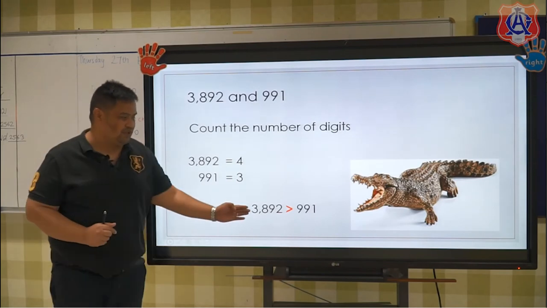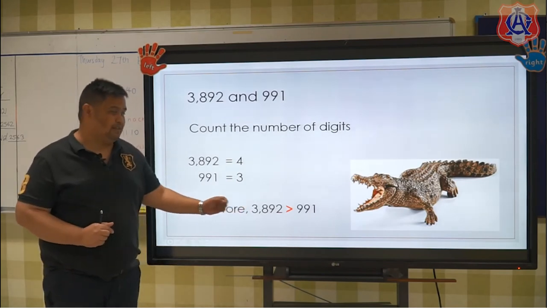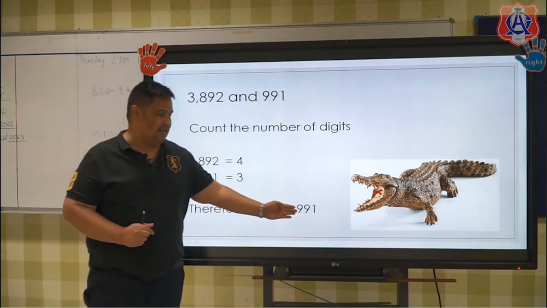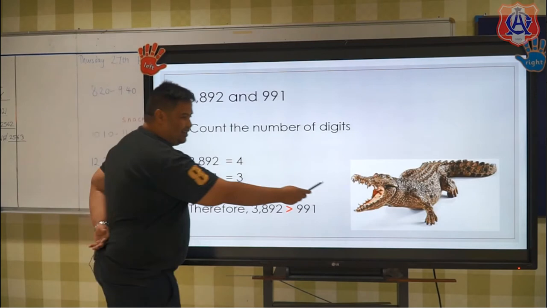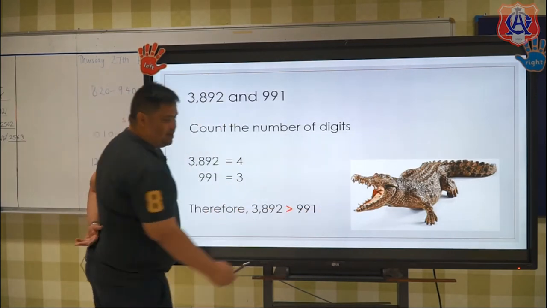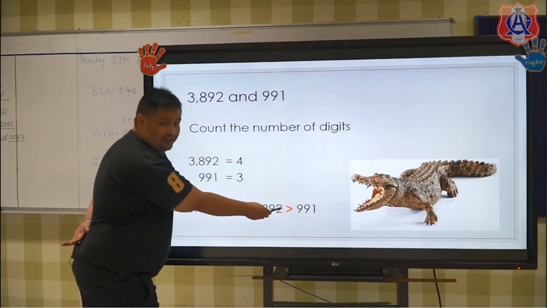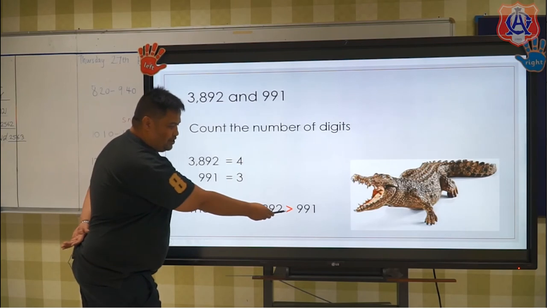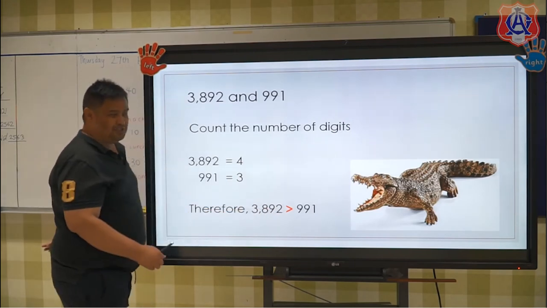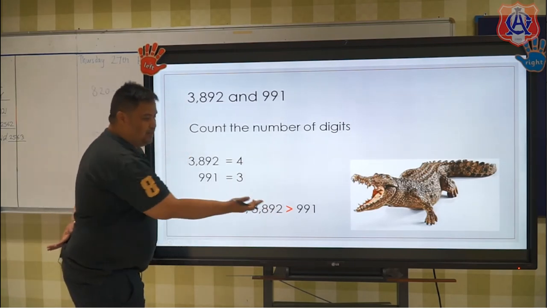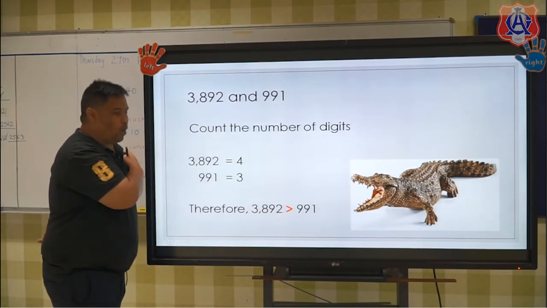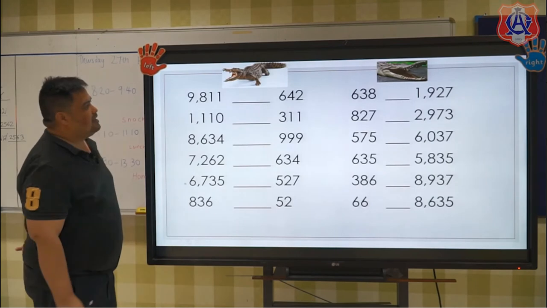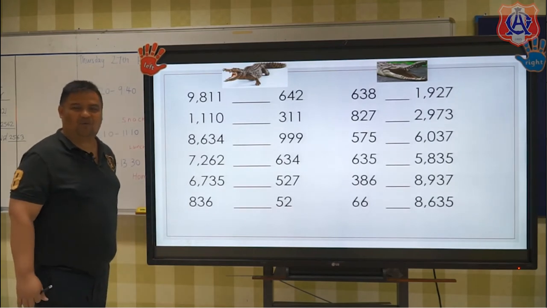Therefore, 3,892 is greater than 991. Remember, look at the alligator or the crocodile that we have in here. The mouth looks like the symbol that we are going to use. Greater than, which means the bigger number is always going to have this symbol which shows that it is greater than or more than.